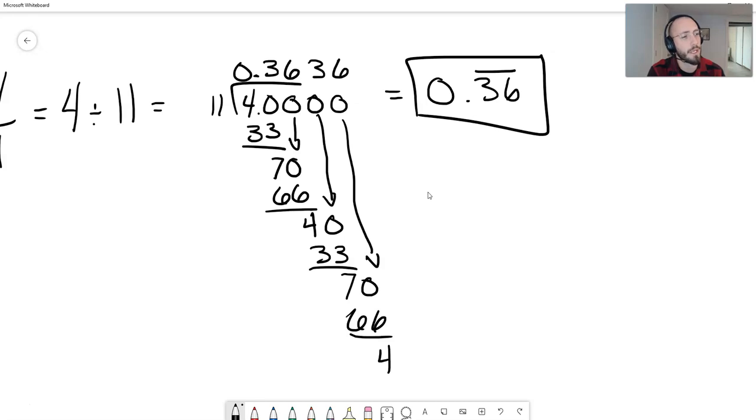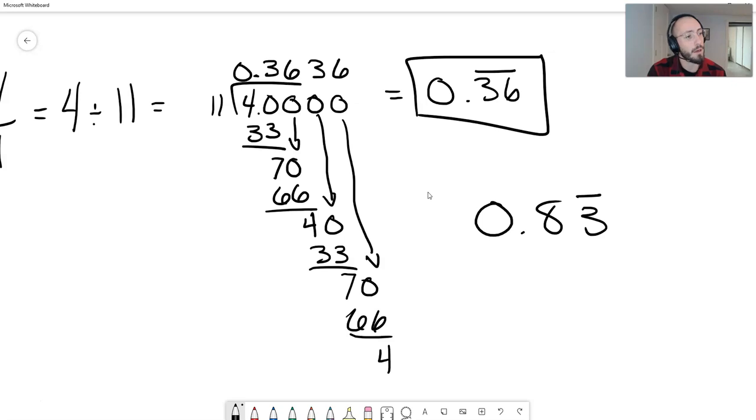It's very important that you know that this bar that indicates the repeating decimal goes over everything that repeats. So that can be 1, 2, 3, as many numbers as we have in a repeating pattern. The bar goes over all of them. For example, if we have the decimal 0.83 with the bar over only the 3, this 3 is the only thing that repeats.